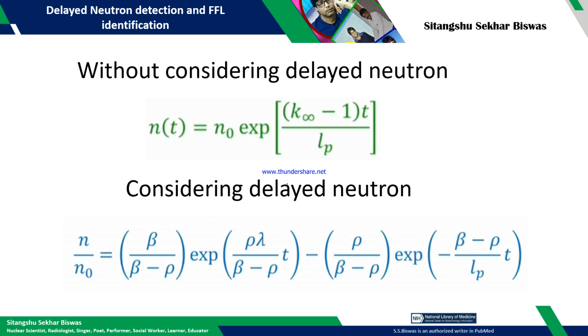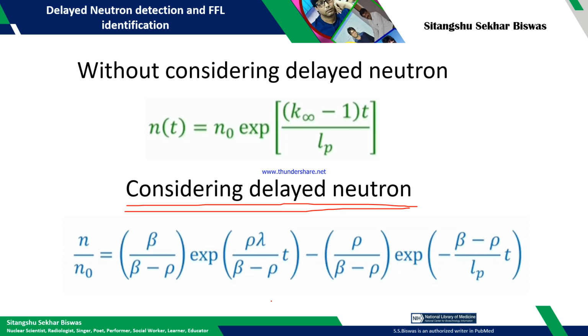So, in the last lecture, we established the instantaneous equation for the neutron growth in a fission reactor when the effect of delayed neutrons is considered.